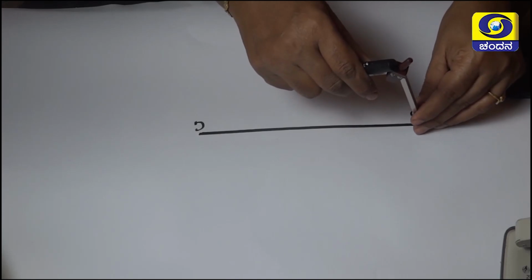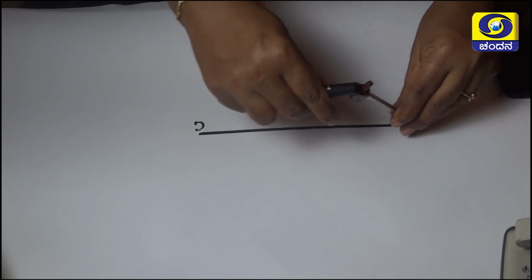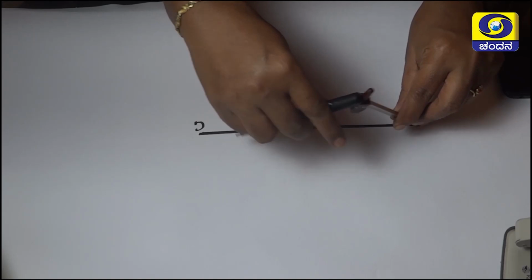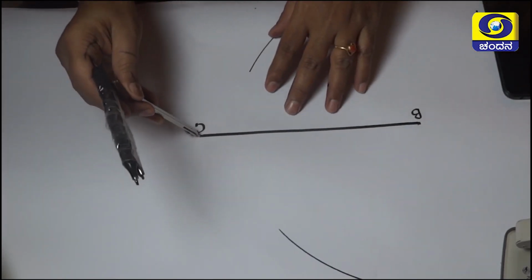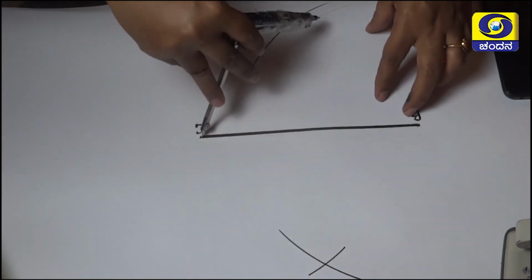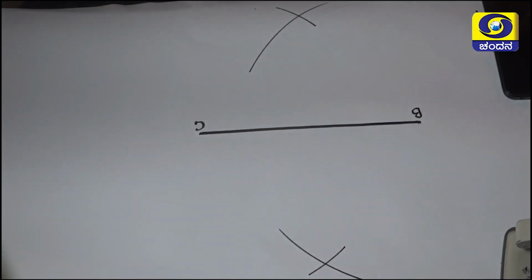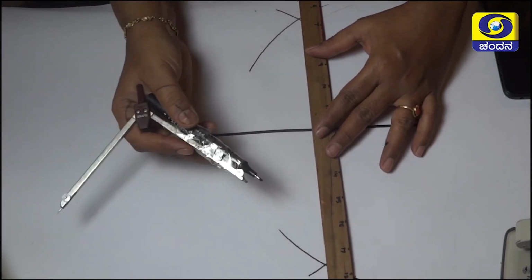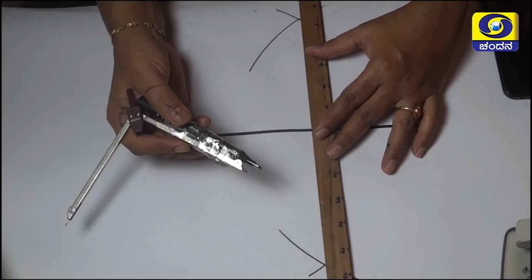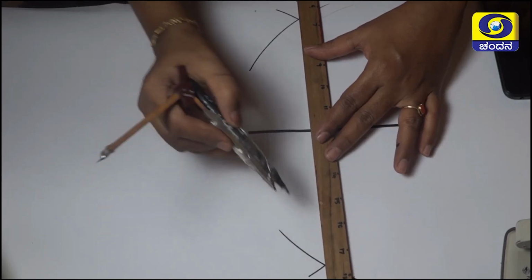Take 3/4 of the length of the line segment BC like this. Make arcs above and below line segment. Now draw a line passing through these two points of intersection of arcs.